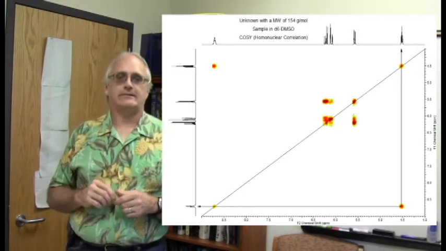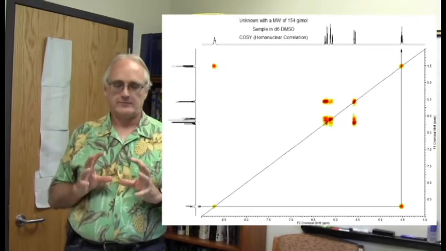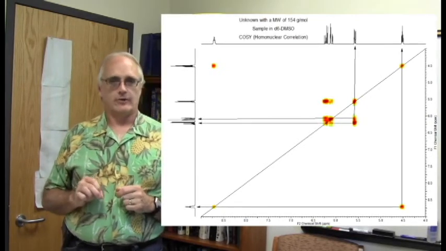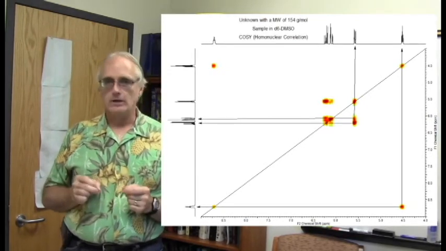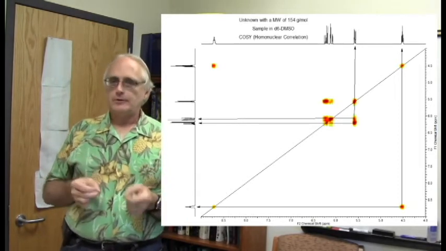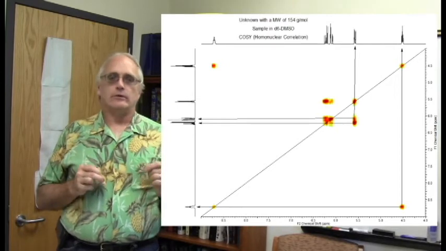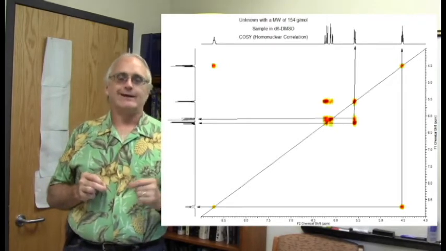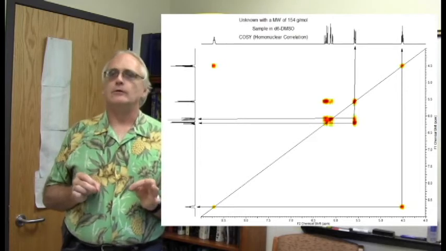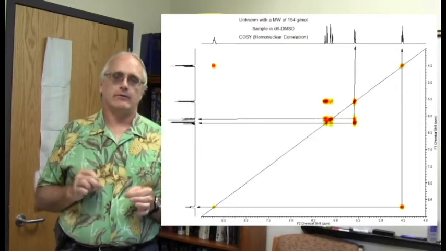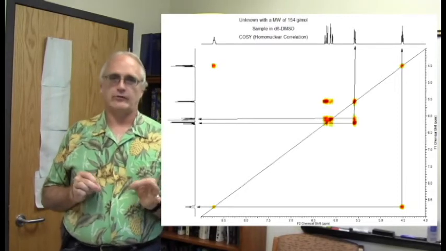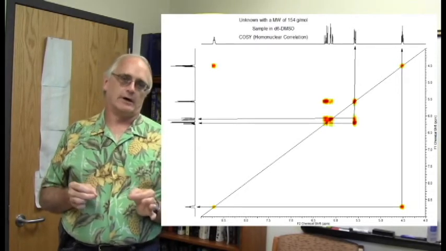You can also see the same set of spots here off the diagonal for the alkene protons, as we might expect. They're all coupled to each other. We'll talk more deeply in one of the future videos about interpreting COSY spectra. They are actually a little bit harder to work with than the heteronuclear correlation, but they too can be a great source of information about your molecules.